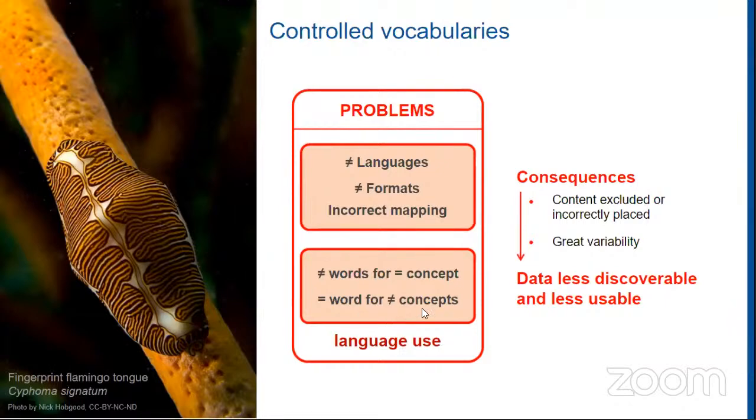So these are problems that are sometimes very difficult to detect and to solve, and that have to do with language use. So what are the consequences of all these problems? Basically, that content can be excluded or incorrectly placed, and that there is great variability. And so in the end, this means that data is less discoverable and less usable because people cannot find it.